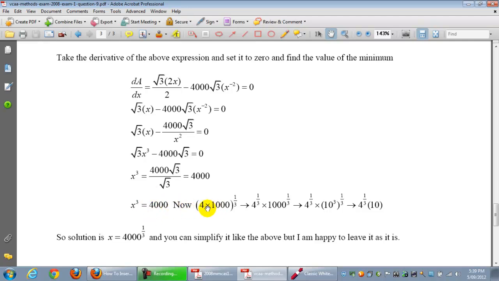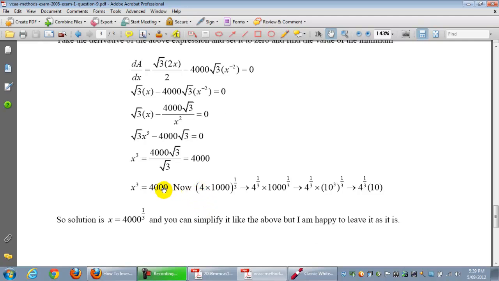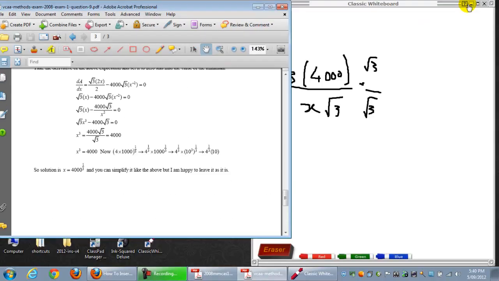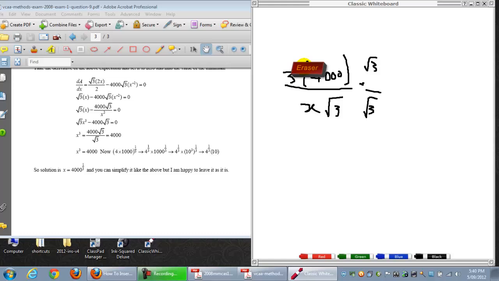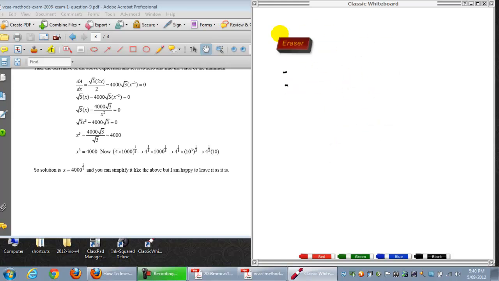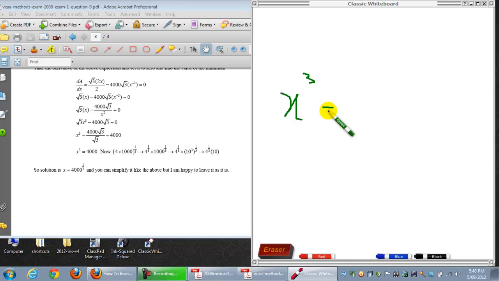How do you do that? Well, here's another nifty little idea that I've just done. And notice this point here, I should just show you so you can have a look at it. So what have we got here now? Well, when you rewrote it you got x cubed equals 4,000.